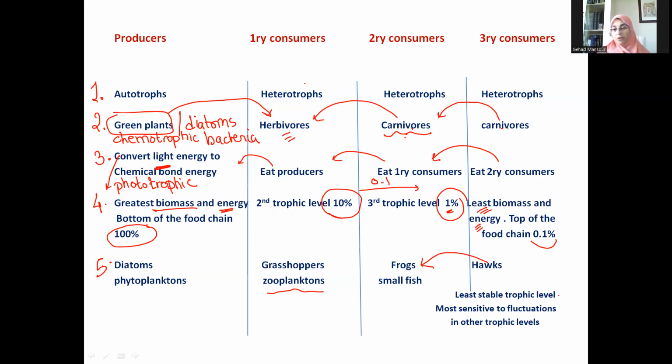So the one at the apex, or at the top of the pyramid, is the least stable trophic level, and we will see why.